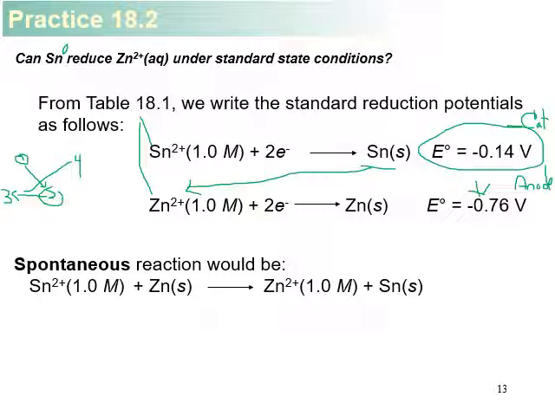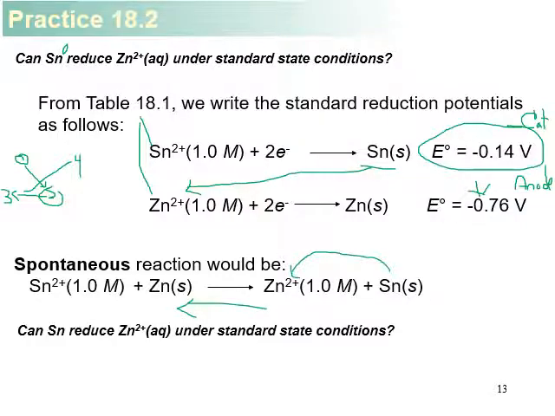That's spontaneous. They're asking you, can tin metal reduce zinc 2+? And the answer is no. It does not happen spontaneously. We can cause it to happen by hooking it up to an electricity source, but currently it would run downhill the other way.